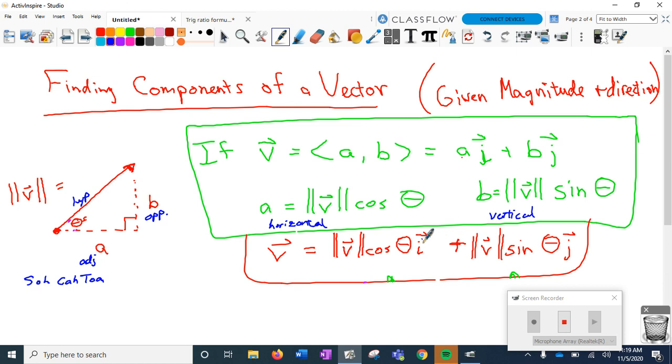This down here is just a shortcut of how to get to that answer. In linear combination form, magnitude times cosine of the angle gives us the horizontal i part, and magnitude times sine of the angle gives us the vertical j part. All right, let's take a look at an example.